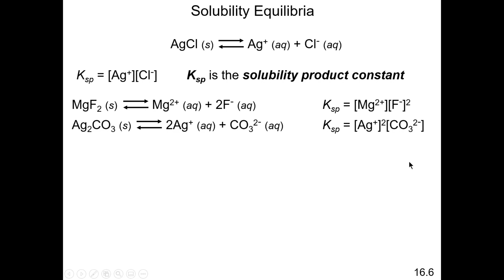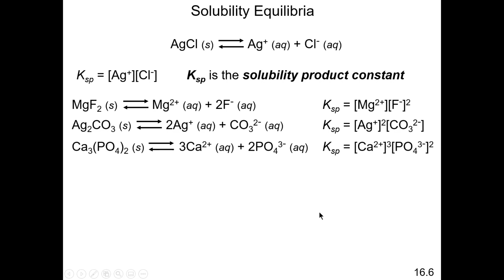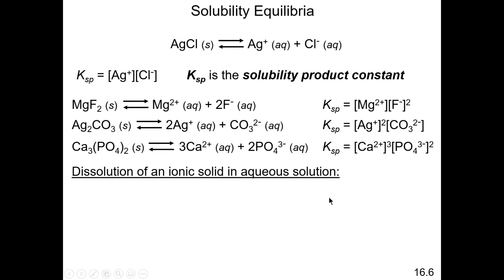So basically you can write down the Ksp expression once you know how the particular ionic compound dissociates. Here's yet another example, calcium phosphate dissociating to form calcium and phosphate ions, and the Ksp expression is given right here, all right?